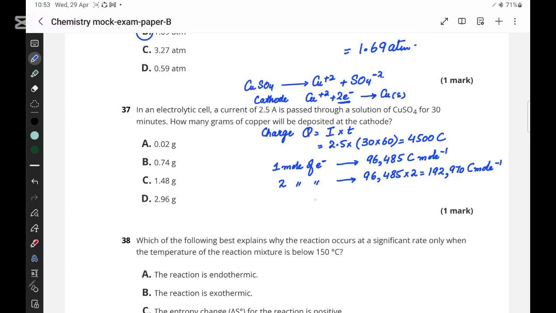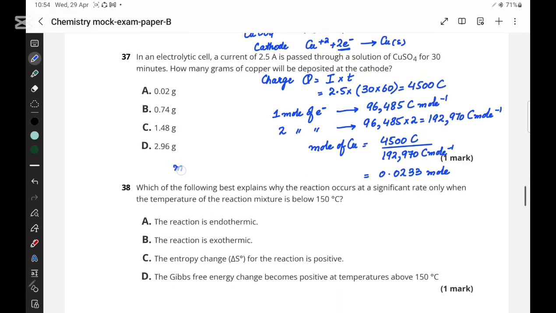So in order to calculate the mole of copper, what we can do is 4500 coulomb divided by 192,970 coulomb per mole, and when mole goes to the top, it becomes 0.0233 mole.